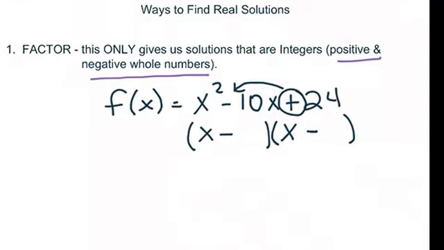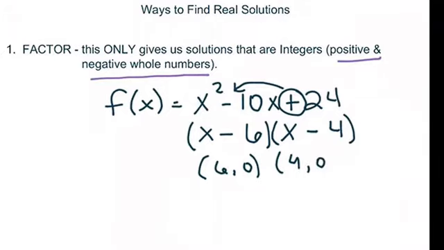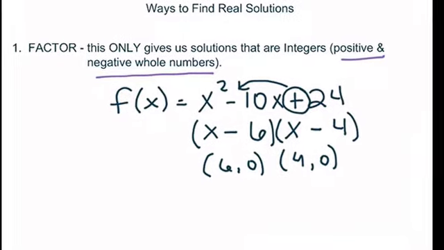Factors of 24 that will add up to 10 are 6 and 4. So my solutions are positive 6, 0 and positive 4, 0. Okay, 6 and 4 are integers because they're positive whole numbers. All right, you cannot find anything but integer solutions with factoring.